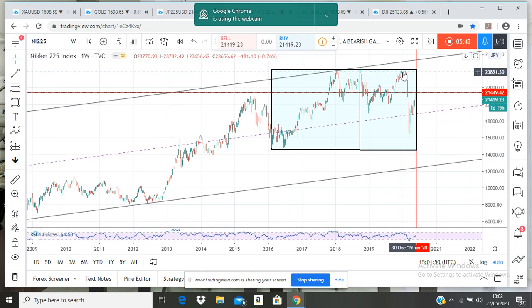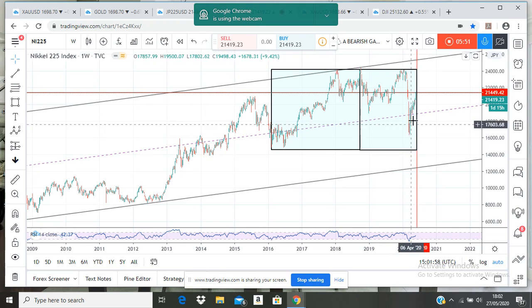Now, the correction ended here at 16355, and then this retracement of the correction range is ending exactly on 8th June. On 8th June, we are seeing the ratio of this correction where it will end.